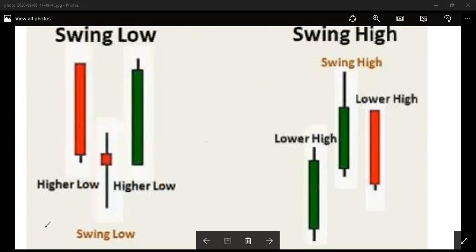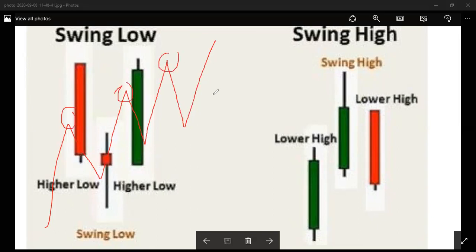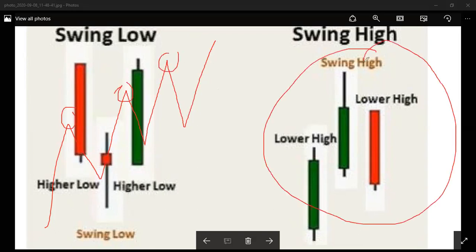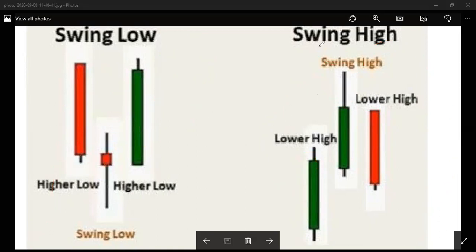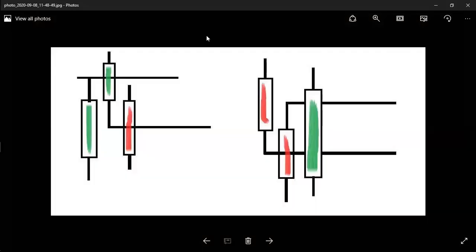And then for a higher high, we are looking at this one. That's a swing high. Same thing, three candles, 1, 2, 3. The middle candle is higher than the other two candles. That's a higher high. Another example is this one.